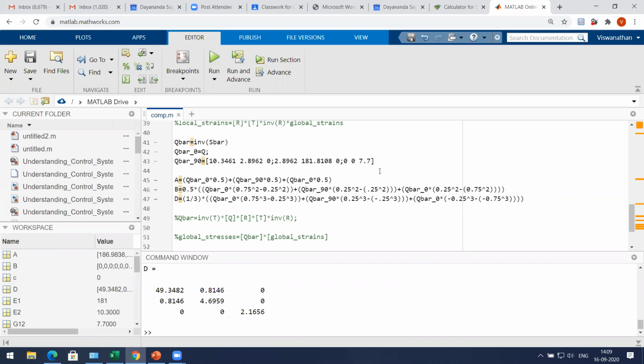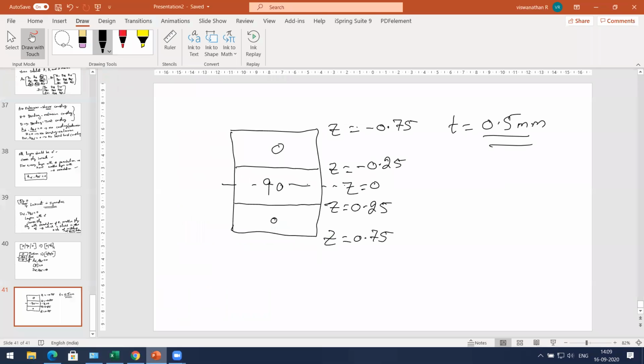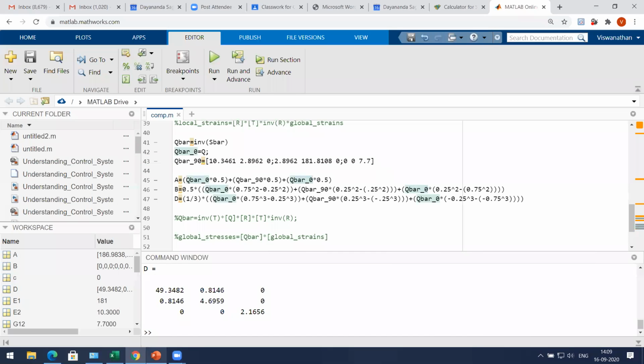So suppose instead of 0/90/0, if this was 0/90/90, for example, then what would have happened for the A matrix, B matrix and D matrix? With 0/90/90, what happens to the A16 and A26?